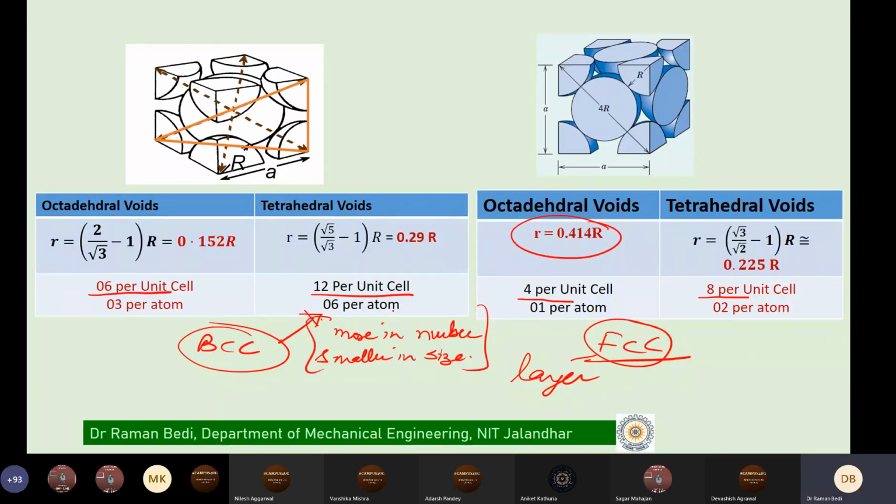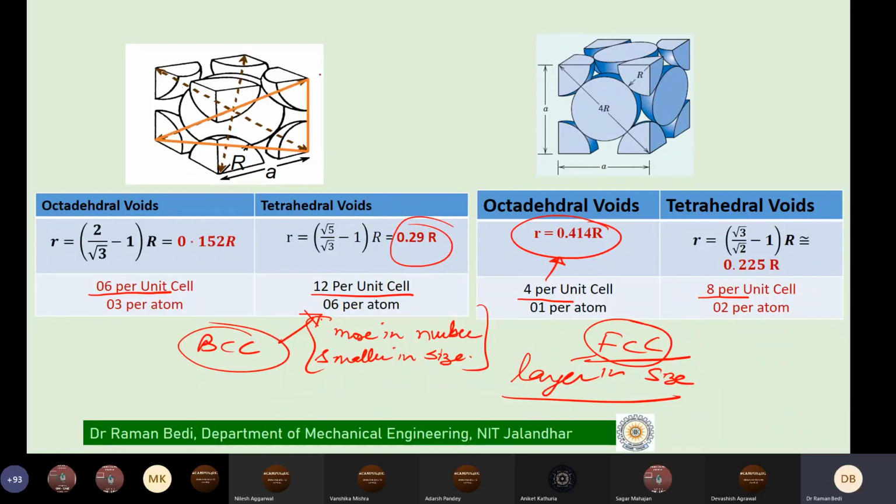Is it visible here? Through this data, in a BCC structure, the voids of both types, octa and tetra type, are more in number, but smaller in size. Whereas for your FCC one, the voids are larger in size, but lesser in number. And this is where I take you back to my previous slide where I said solubility.